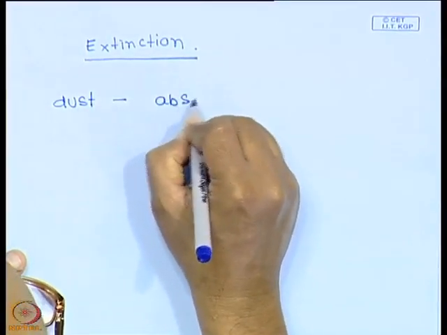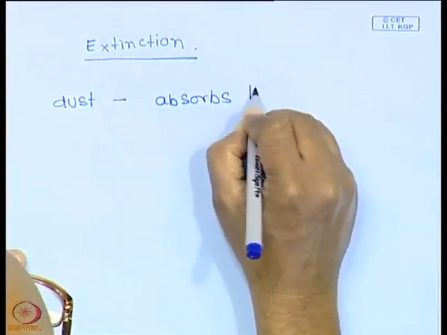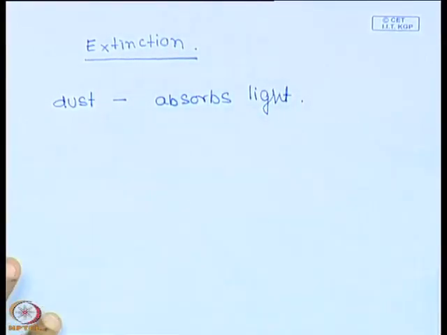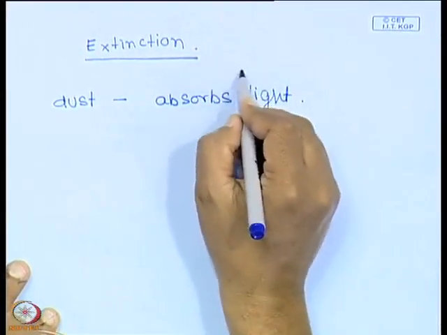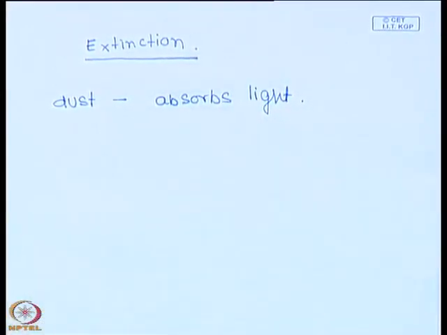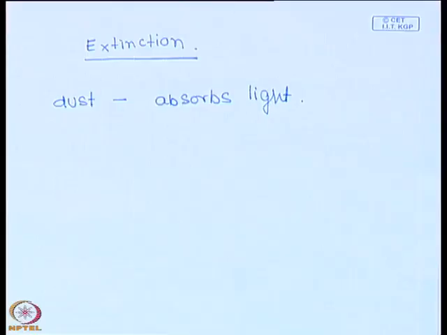This is what we mean by interstellar extinction. Dust grains, particles between the stars, absorb light. If you measure the apparent magnitude of a distant star, the flux has been diminished. In addition to the diminishing due to the distance, it also is diminished due to the extinction.